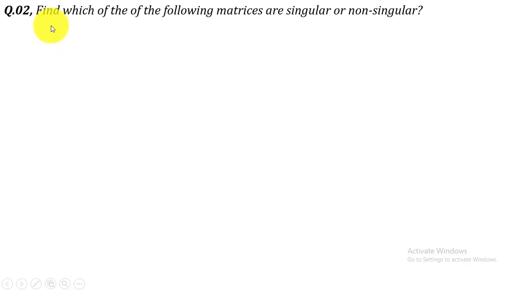Question number 2. Find which of the following matrices are singular or non-singular. In first, matrix A is equal to elements 3, 6, 2 and 4.